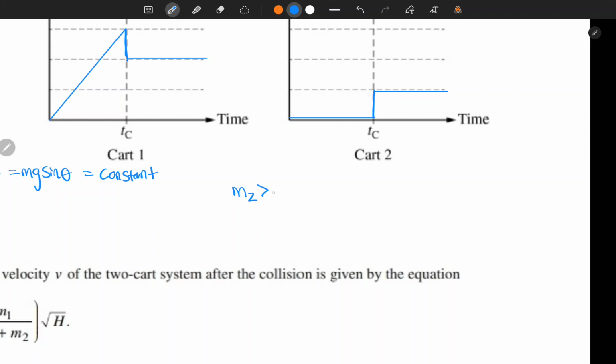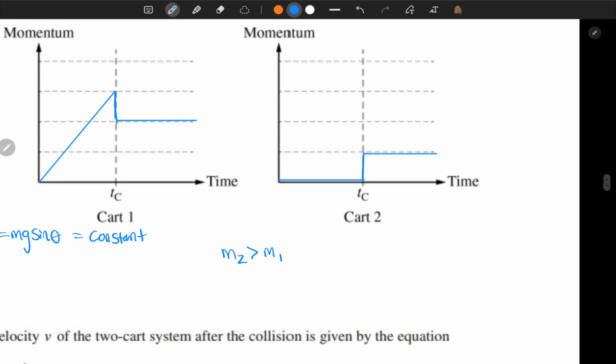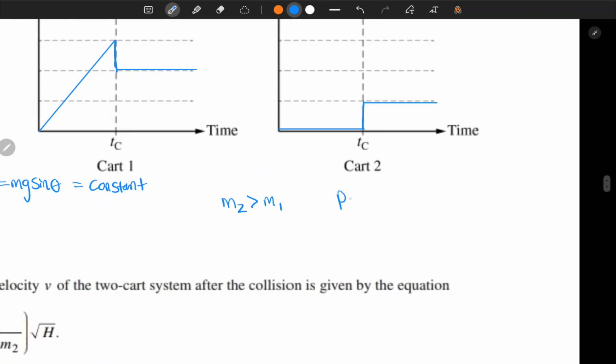m2 is greater than m1. And since p is equal to mv, and after the collision, cart 1 and cart 2 both have velocity v, we see that the momentum after the collision for cart 1, p1, is equal to m1 times v. And the momentum for cart 2 after the collision, p2, is equal to m2 v.